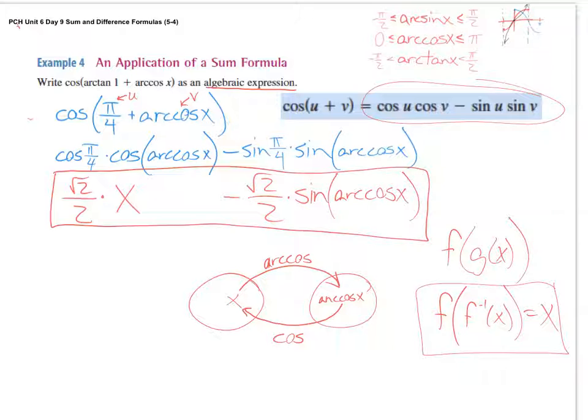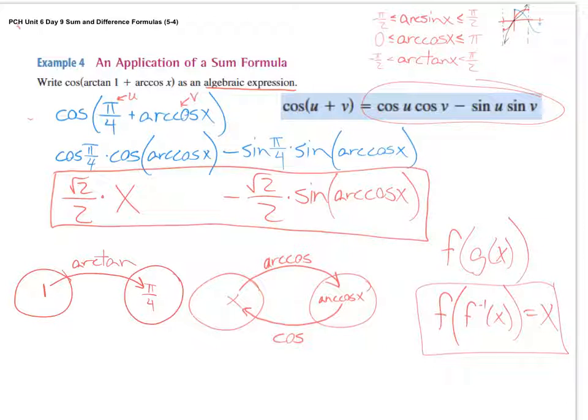Okay? I like these problems. Let me use this here just to see with our tangent. We had a 1. The arc tangent took that 1 and mapped it over here to the pi over 4.